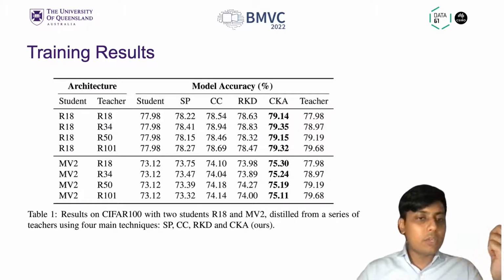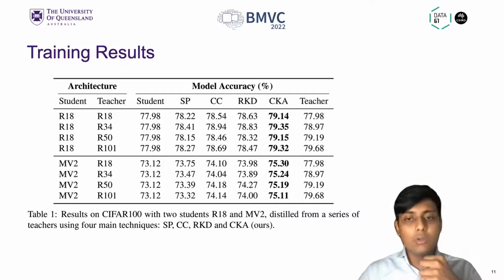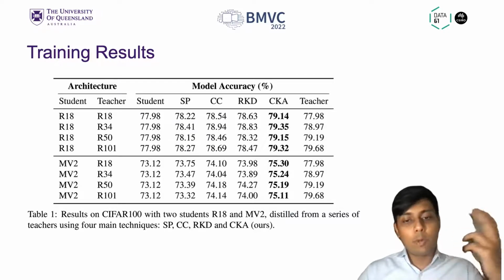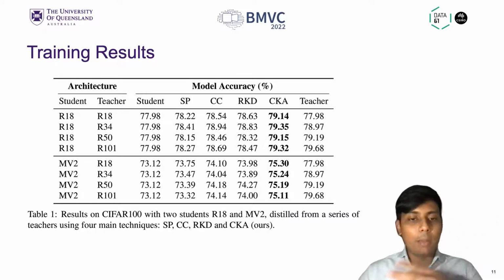Looking at the training results here for CIFAR-100, we can see across two student architectures, ResNet-18 and MobileNetV2, we're consistently outperforming with CKA compared to the other baseline metrics. We also evaluated on Tiny ImageNet and ImageNet-1K in our paper, so you can find our paper for more information on those.